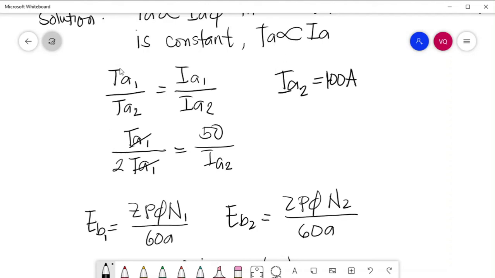So torque armature 1 is the same, and torque armature 2 is doubled, so 2 times the original Ta1 is equal to Ia1, which is 50 amperes, divided by Ia2. Cross multiply. Solving Ia2, it is equal to 100 amperes.